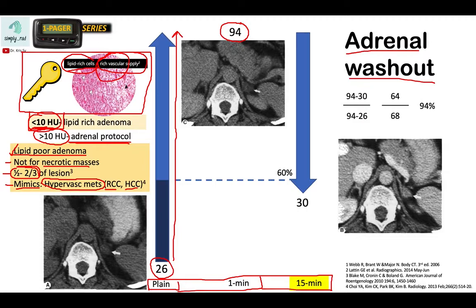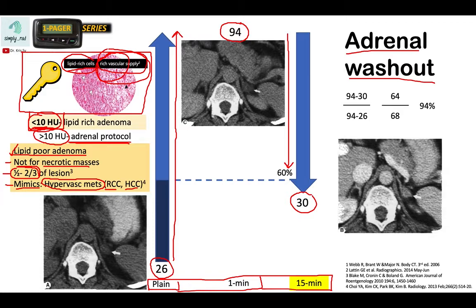Now, after 15 minutes, if we take another measurement, we expect it to go down if it is an adrenal adenoma. We expect it to lose a lot of the contrast, or to exhibit a washout, an increased washout of at least 60% or more in adrenal adenoma because of its rich vascular supply.